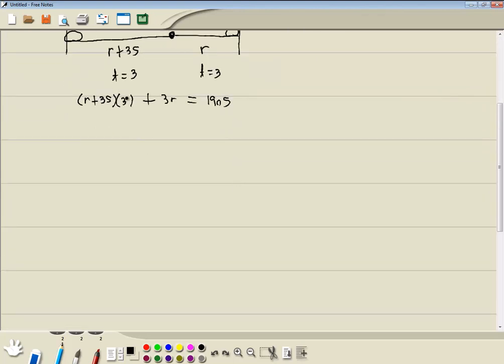Well, use distributive property. 3 times r is 3r. 3 times 35 is 105 plus 3r is equal to 1905. This is just a linear equation, and our steps for solving a linear equation says combine together like terms at any step. 3r plus 3r is 6r.